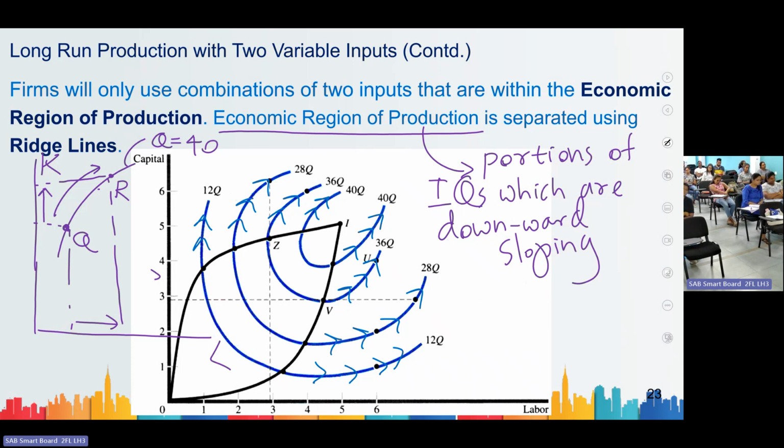Economic region of production is where rational producers operate. It represents the portions of isoquants which are downward sloping and which are considered by rational producers.